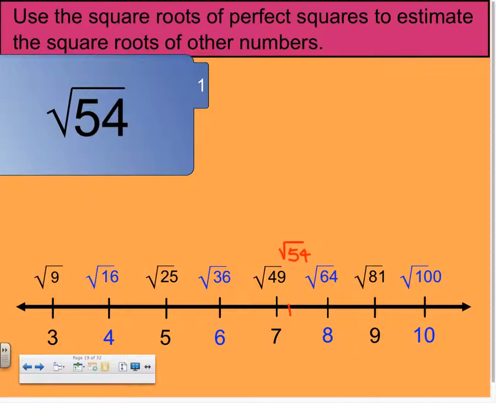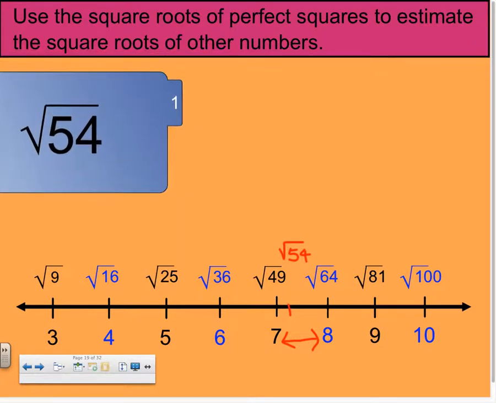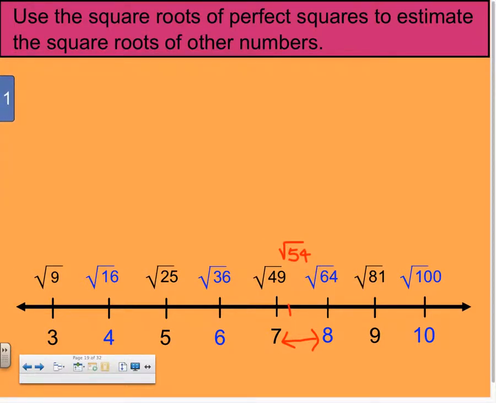So the square root of 54 is going to be in between 7 and 8, and it's going to be a little bit closer to 7. Therefore, the square root of 54 is going to be close to the whole number 7. So that is how we estimate the square roots of numbers using the roots of perfect squares.